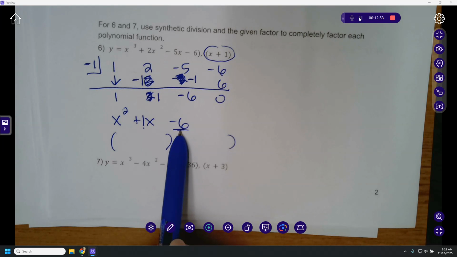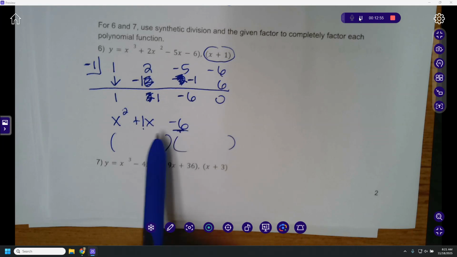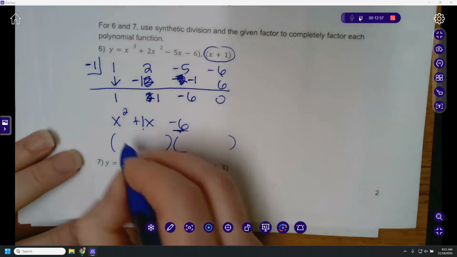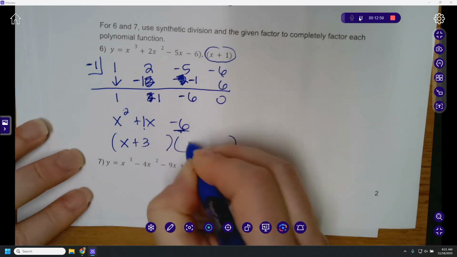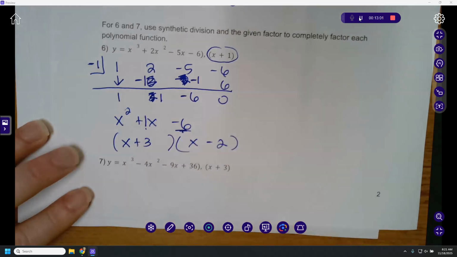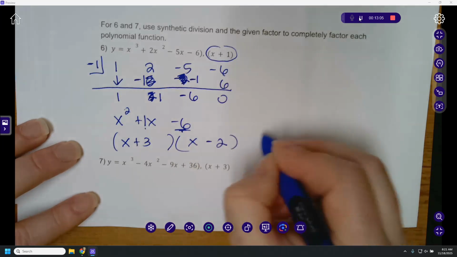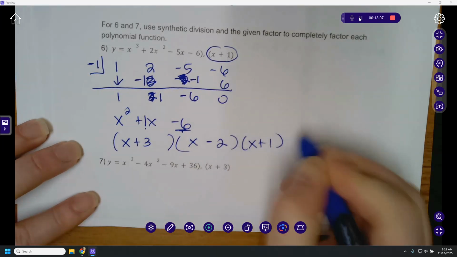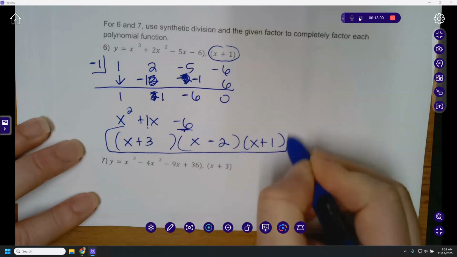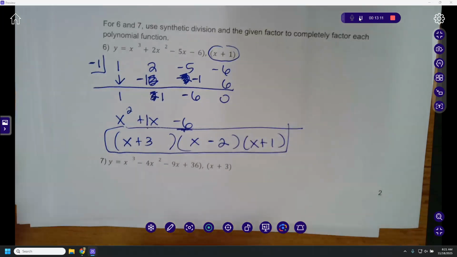Couldn't I use a 2 and a 3 if one was plus and one was minus to get a 1? I could make this x plus 3, and this would be x minus 2. And then my third factor was the one that I found from above, x plus 1. This is what we would call the complete factorization of that polynomial.